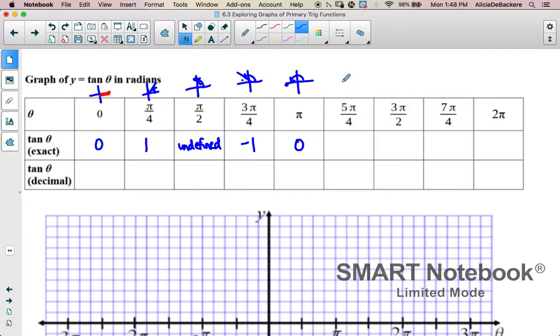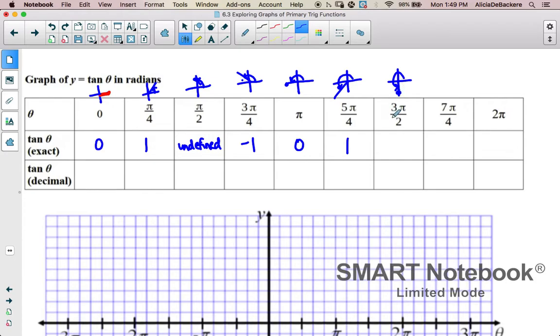0 divided by -1 is 0. Then rotating to 5 pi by 4, there I am. I'm thinking about my pi by 4 triangle, so I know that opposite over adjacent is 1, and I'm in the CAST quadrant where tan is positive, so this one is positive. Then rotating to 3 pi by 2. It's at the negative y-axis, so my x value is 0 and my y value is -1.